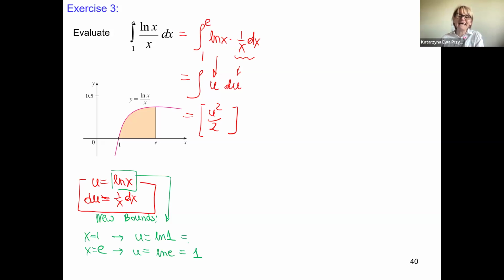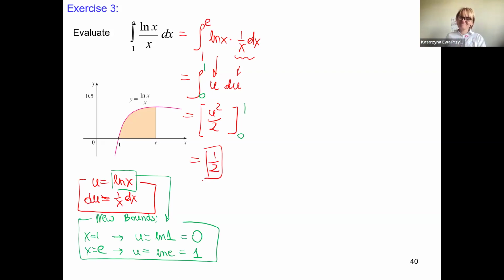Any log of 1 is 0, because e to the power of 0 is 1. Okay, that's we have from 0 to 1. Again, the most wanted limits of integration, because that's the easiest one. Okay, 1/2 is the final answer. Right? Really nice, we can see. But always try the u substitution, and try to practice. You will like it. You will really like it. You will feel so satisfied.